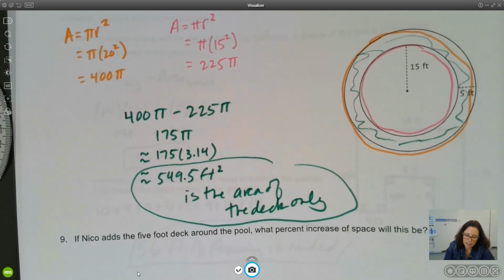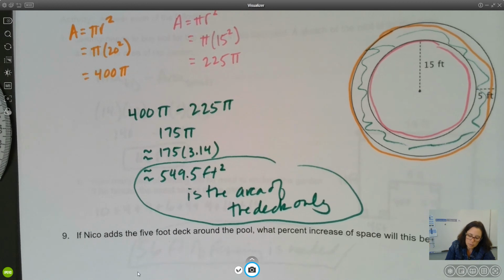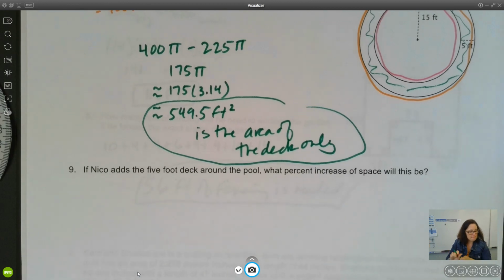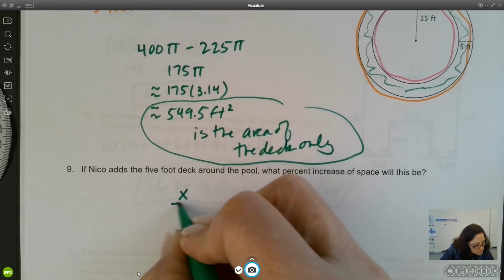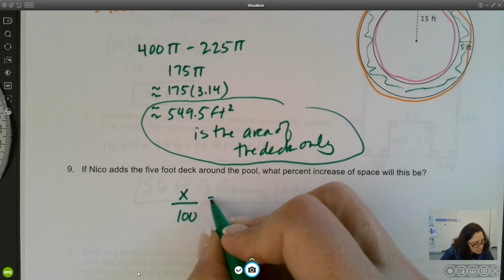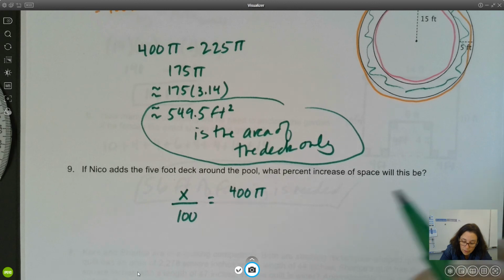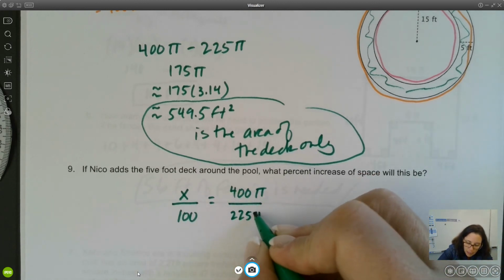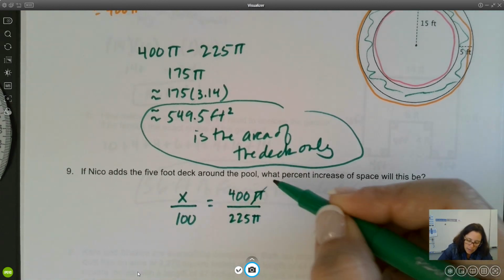If Nico adds the 5-foot deck around the pool, what percent increase of the space will this be? Let's think about that. The area with the increase over 100% equals 400 pi, which was the whole thing, over 225 pi, which was the original. These pi's go away.